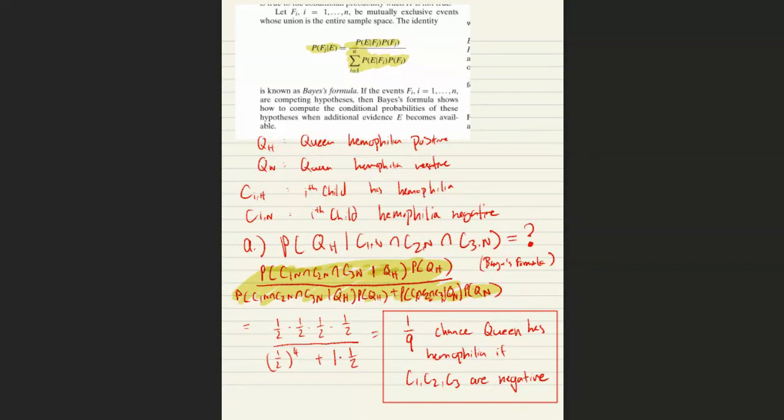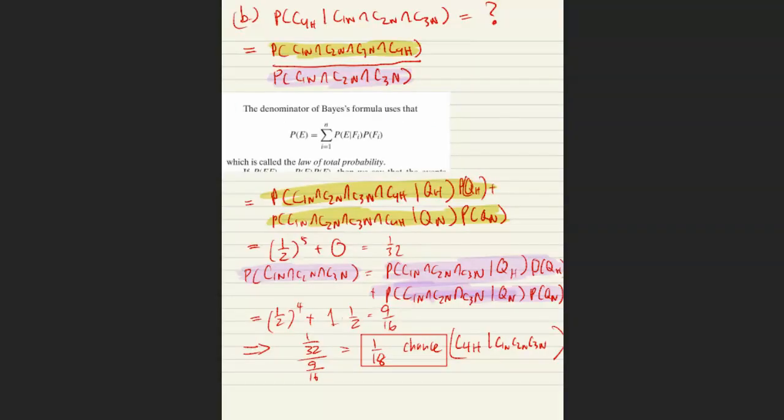Nice. There's another question. Part B is, what is the probability that the 4th child has hemophilia, given that the first 3 children were negative?